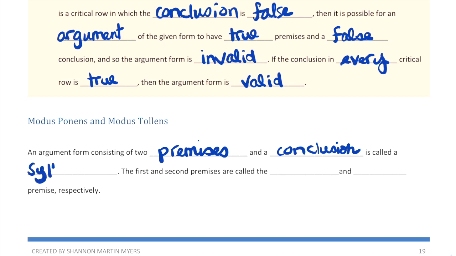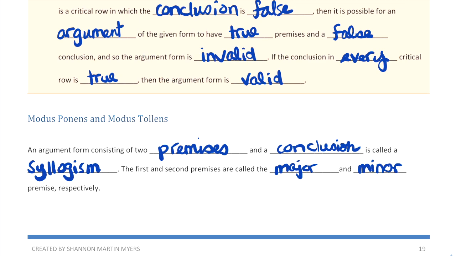I hope I'm pronouncing that right. The first and second premises are called the major and minor premise, respectively.